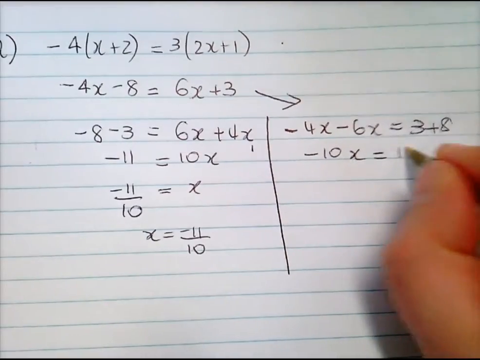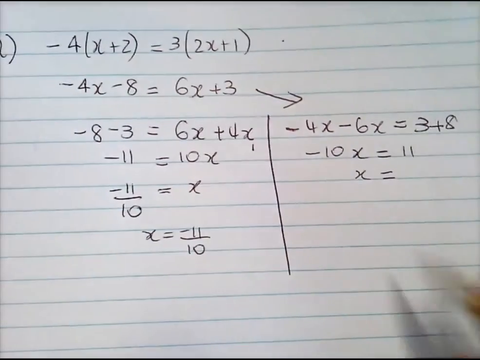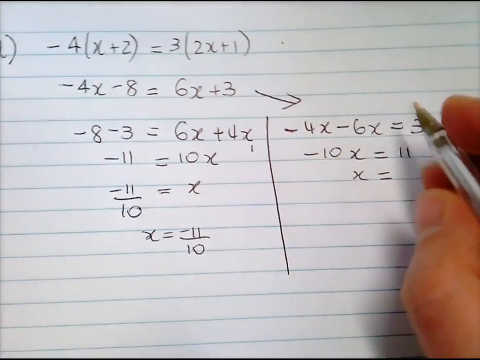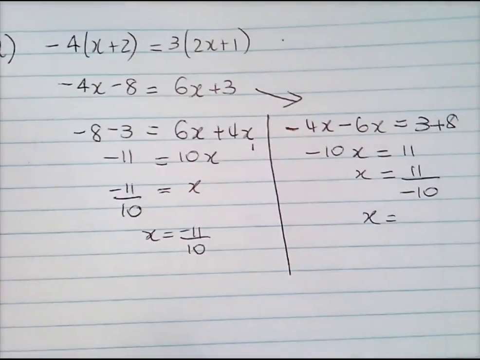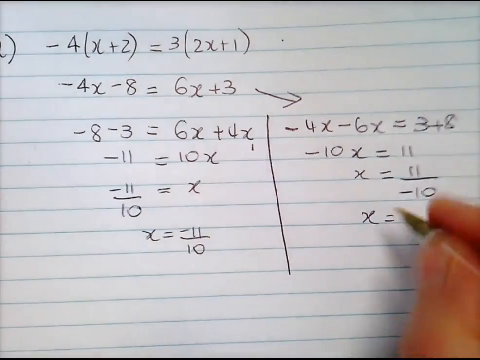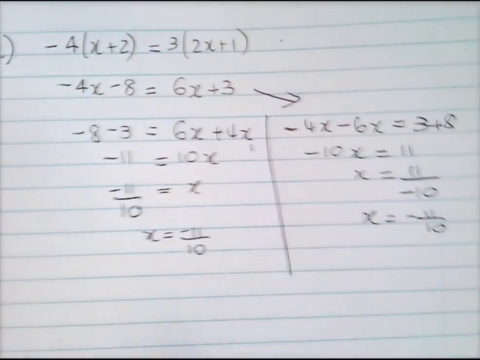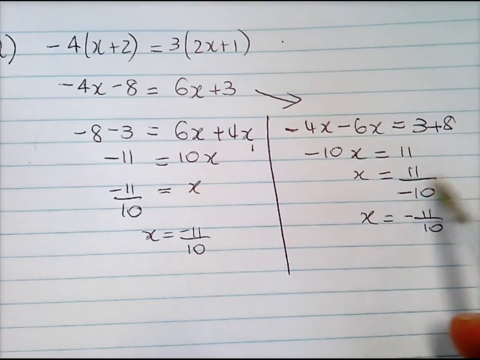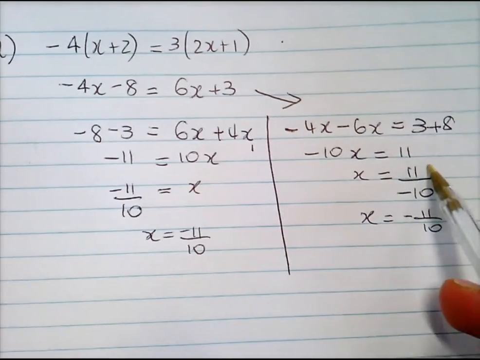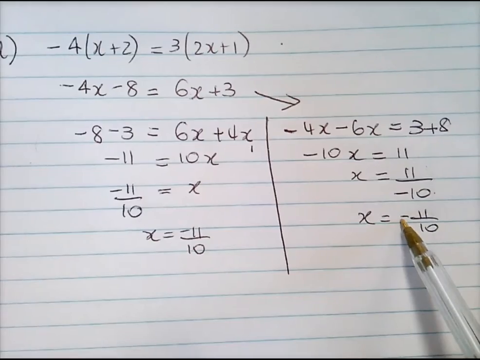Minus 10x equals 11. Inverse operation of multiplying by negative 10 is to divide by negative 10. Now girls, 11 divided by negative 10, the answer will be a negative. I've shown you this many times: a positive divided by a negative is a negative.